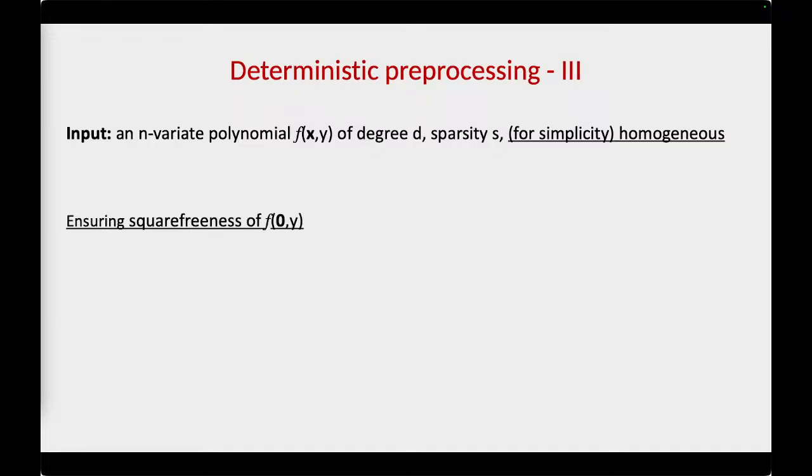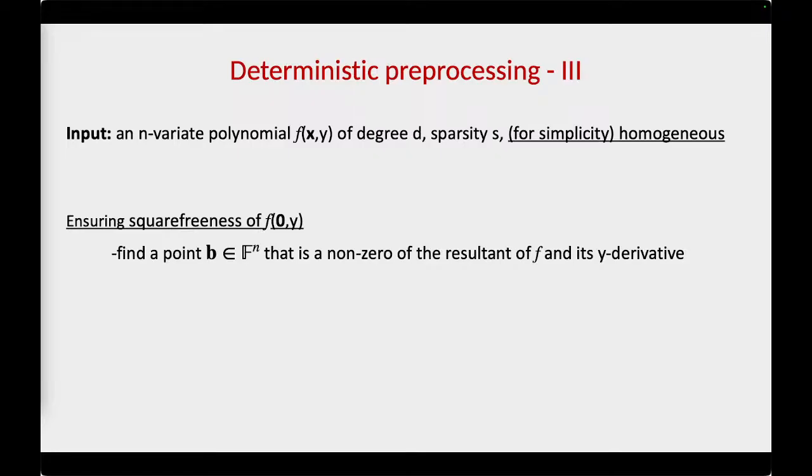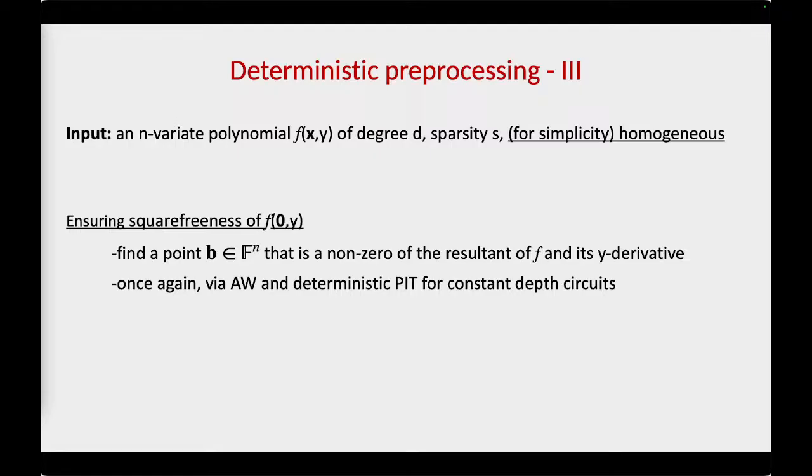So there's a third part of it, which was to ensure the square freeness of f of 0 comma y, and with a moment's thought you'll see that this is also just a PIT instance. So we'll find a b such that the resultant of f and its y derivative doesn't vanish when x is set to b. And this is again because of the discussion in the previous slide. This is a small constant depth circuit, so we can do this in deterministic sub-exponential time.